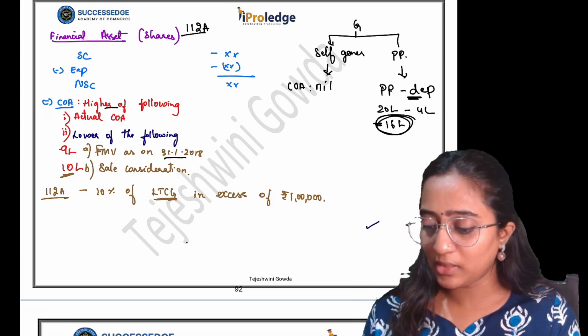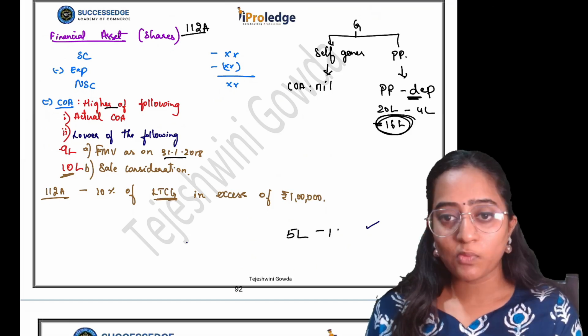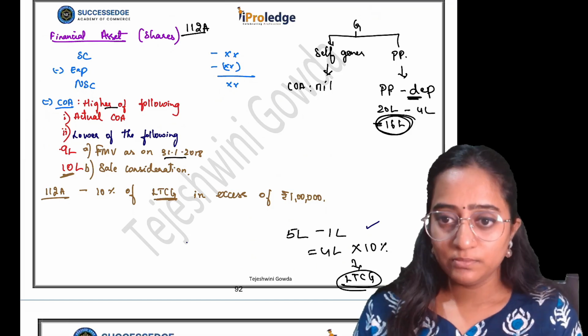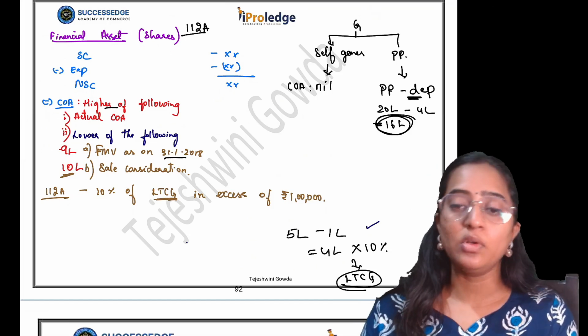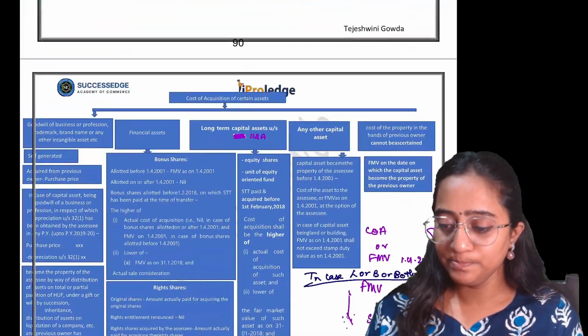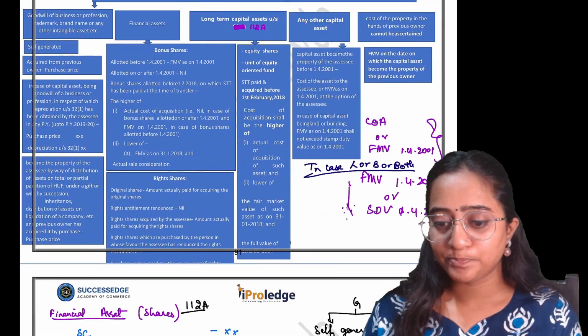Suppose your long-term capital gain is 5 lakh under section 112A. 5 lakh minus 1 lakh, 4 lakh rupees is the point. 4 lakh rupees multiplied by 10% would be your tax on long-term capital gain. Clear? This is going to be a long-term capital asset under section 112A.